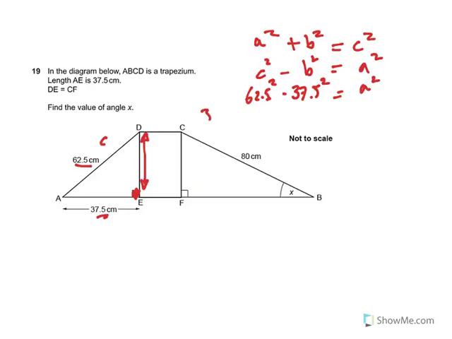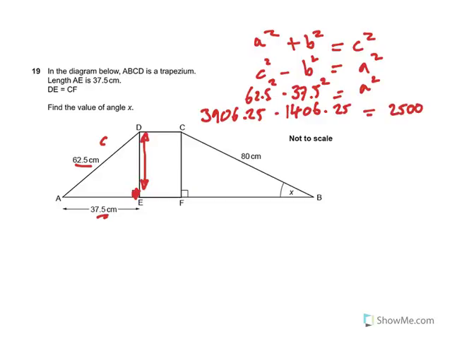62.5 squared is 3906.25. Resist the temptation to round your numbers too soon. Rounding should really wait until the end. You might have to round some of these numbers, but keep quite a few decimal places until the very end of the question. You subtract those two from each other, and you find that your answer is 2,500.